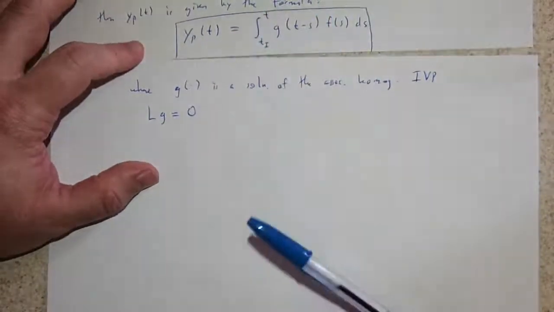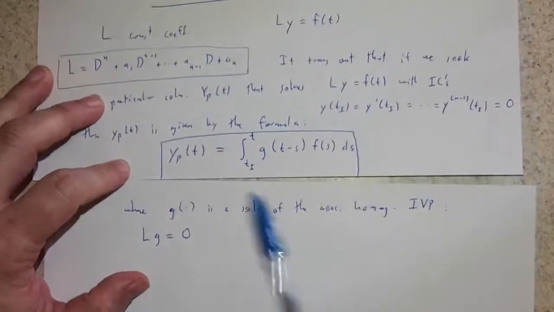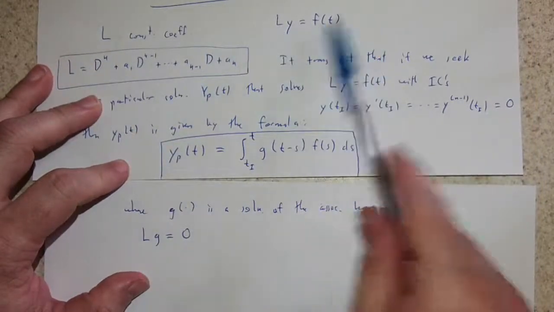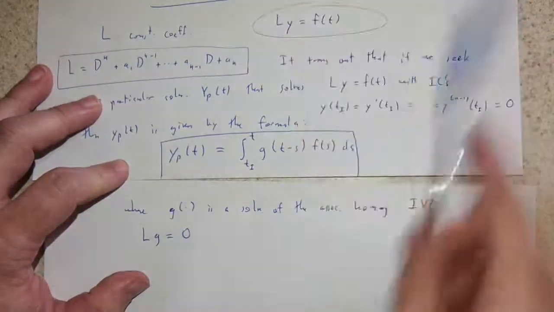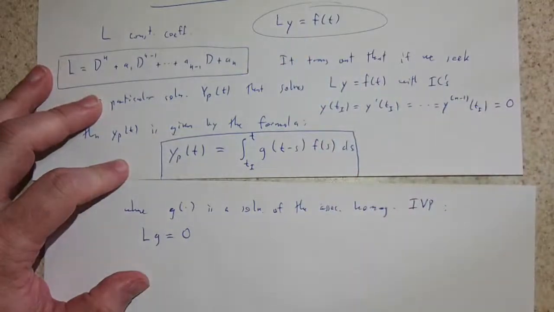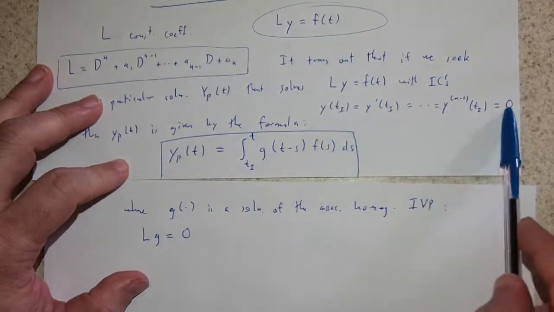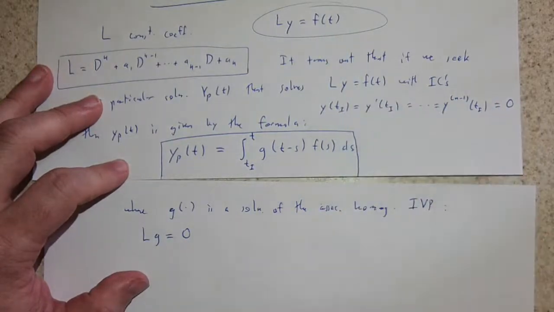So it is the same differential operator L as for the original problem here. There's my original differential equation. Here, this is the associated homogeneous problem, but I'm going to impose initial conditions.